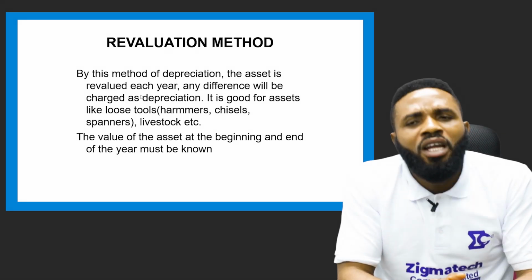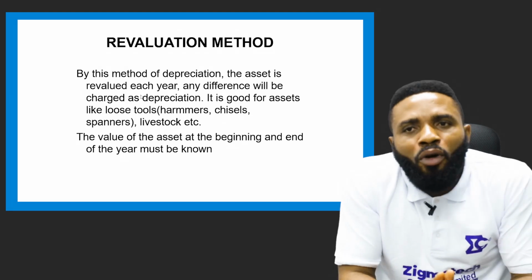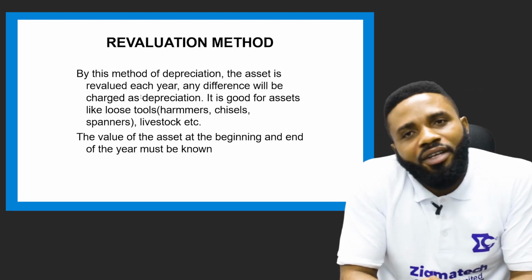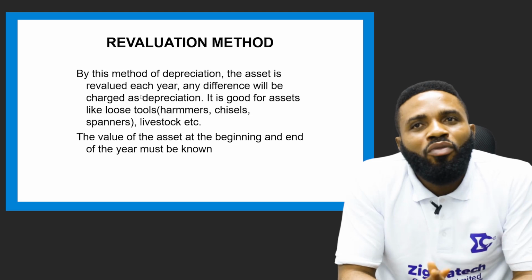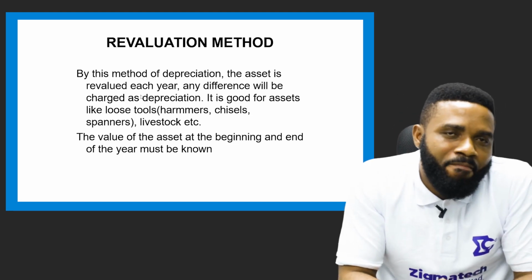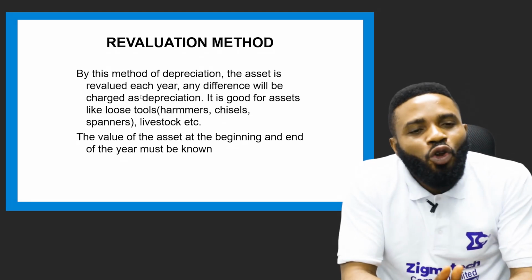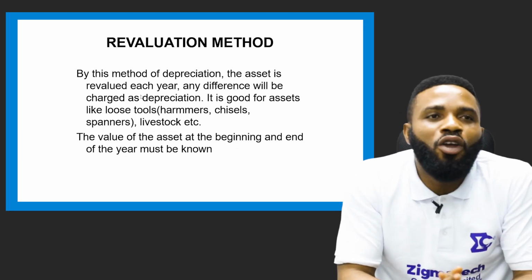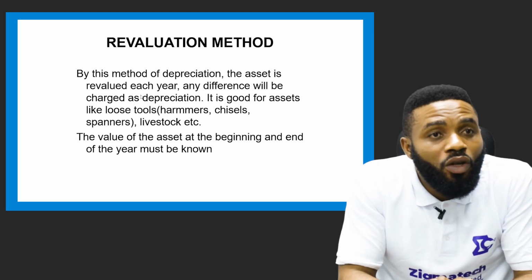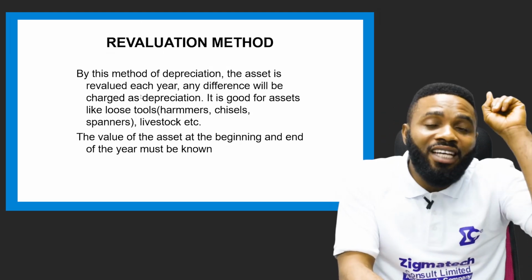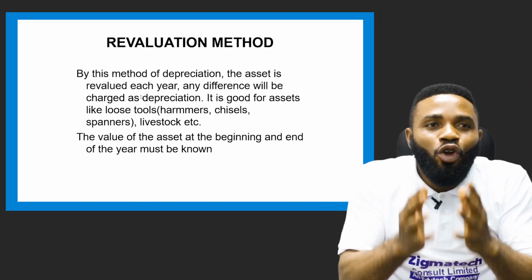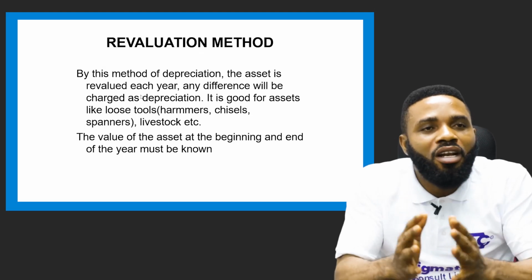What do I mean? Last year, we bought maybe a Toyota Camry for 5 million. And then this year, we just realized that the Toyota Camry is now 10 million. We bought it at 5 million last year, and this year the Toyota Camry is now 10 million.